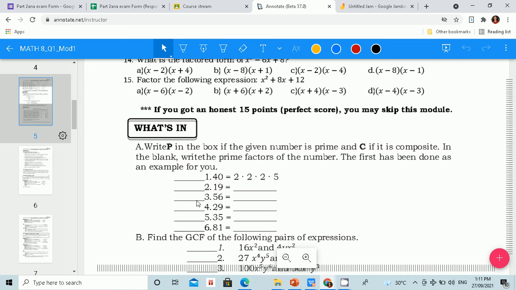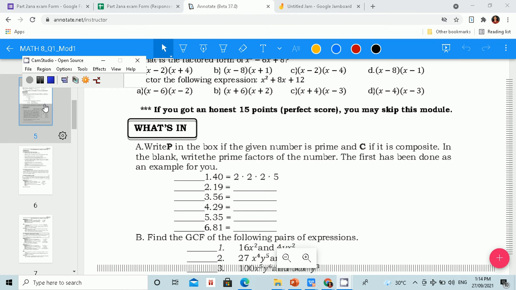So if it is prime, what is a prime number? They are numbers that have factors of one and itself only. So they are only divisible by one or itself.